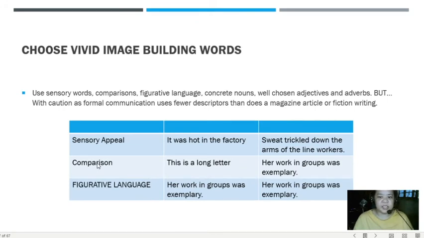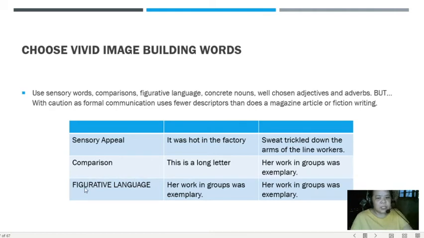The last one is choose vivid message-building words. So, use sensory words, comparison, figurative language, concrete nouns, well-chosen adjectives and adverbs, but with caution, as formal communication uses fewer descriptors than magazines and articles or fiction writing.